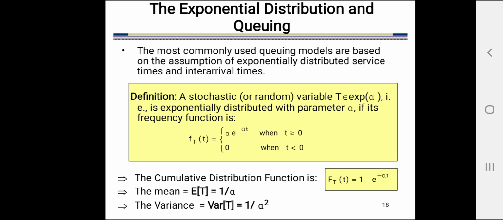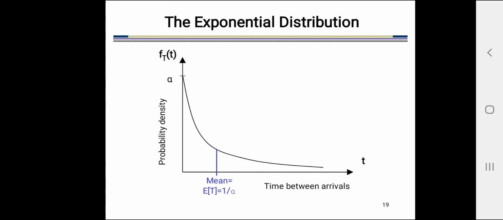So these are some common problems. The exponential distribution and queuing: the most commonly used queuing models are based on the assumptions of exponentially distributed service times and inter-arrivals. So the stochastic or random variable T is exponentially distributed with parameter alpha, if its frequency function is given, you can see.